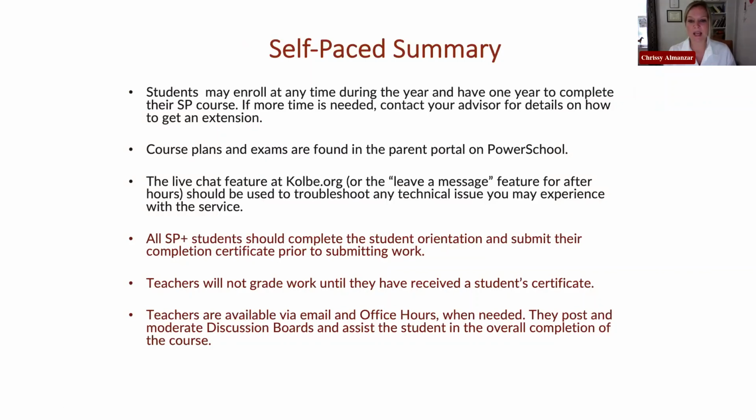If you have any technical problems, you should live chat at colby.org and they can help you figure those things out. And then specific to Self-Paced Plus courses, students will need to submit their orientation certificate to that assignment that's in the welcome folder prior to having any work graded. So the teachers won't be able to grade any work until they have that certificate.